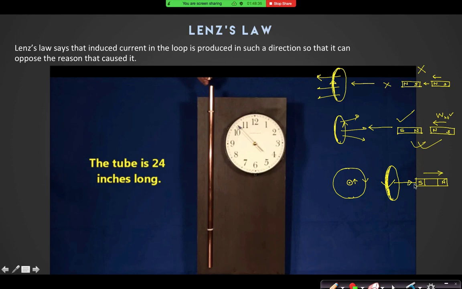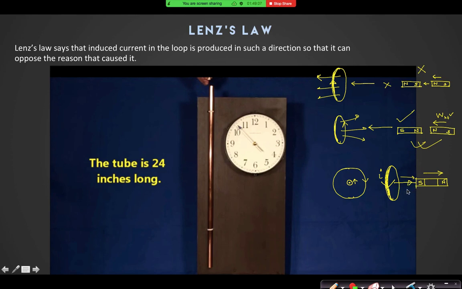So if the magnetic field line is in this direction, then the magnetic field is decreasing in this direction, yes or no? Because I am taking it away. Yes. Then the current has to be such that the induced current can increase that magnetic field in this direction. It is the only possible way, so that the induced current can boost up the magnetic field in this direction.